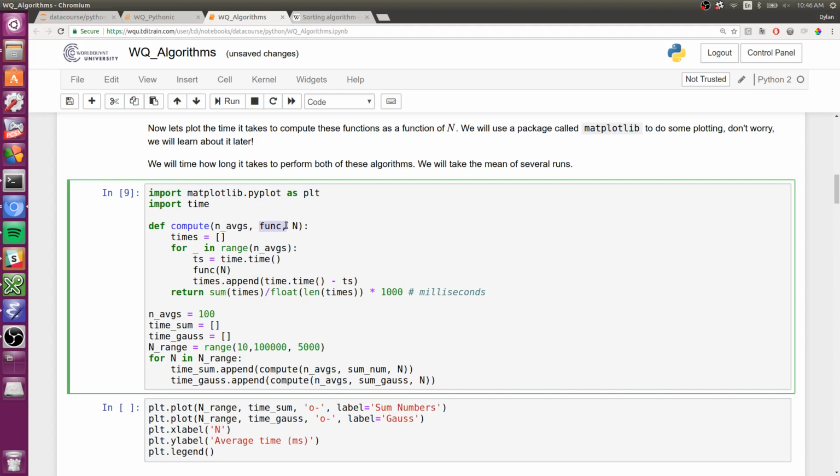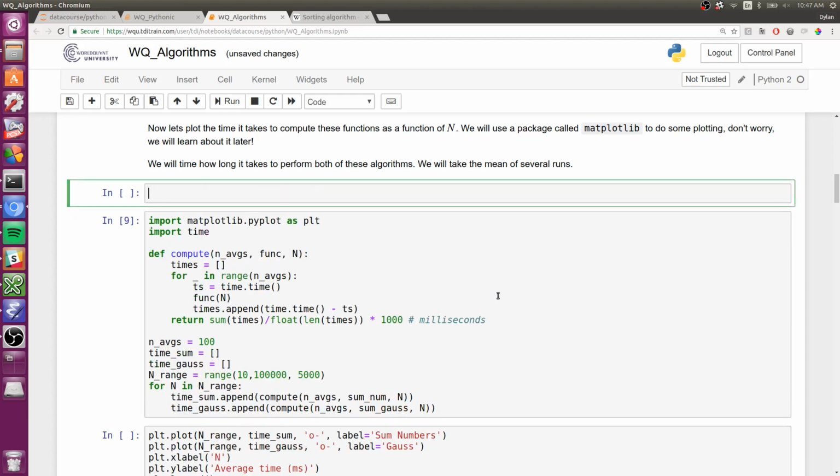We give the function for computing the sum, and n, the number we want to sum up. And we're going to go through and compute the sum of 1 through n. So that's right here. And we do this n averages times. And we compile a list of times, the length of time it takes to compute. And then we compute the average time.